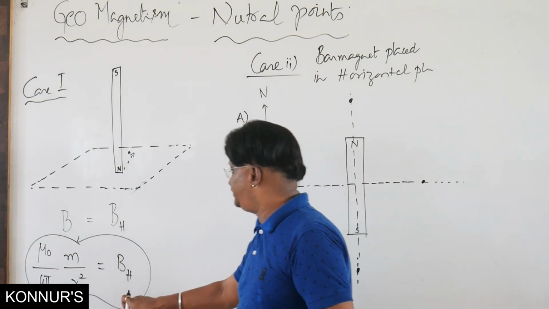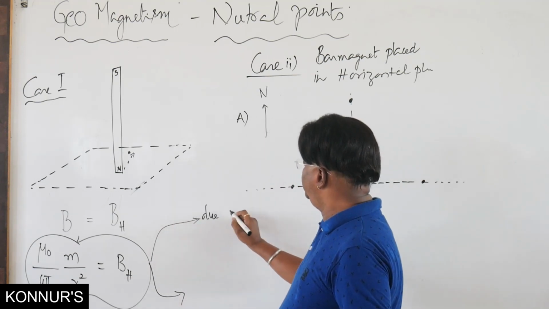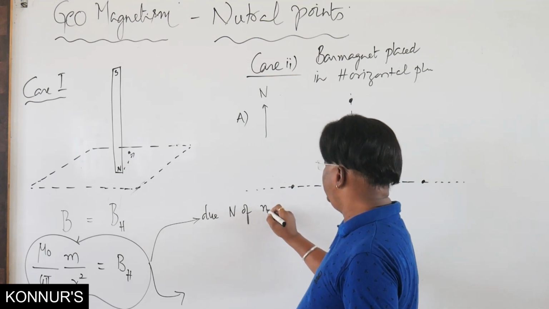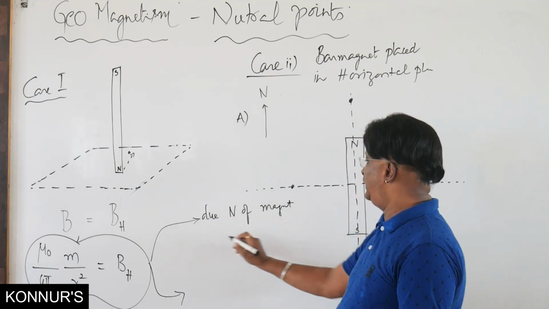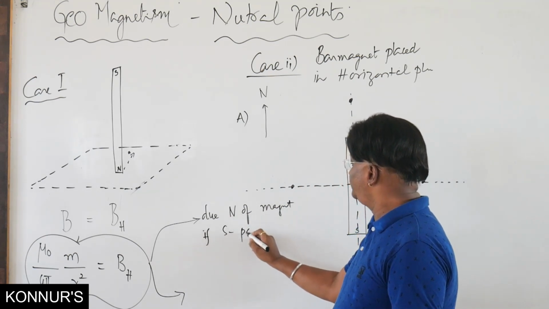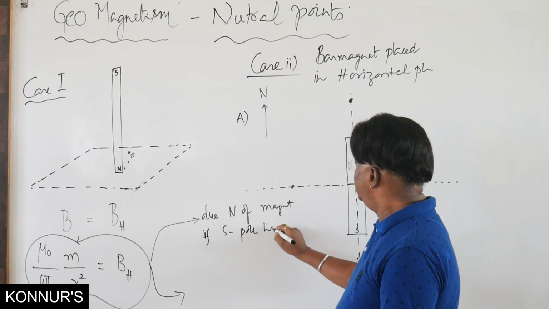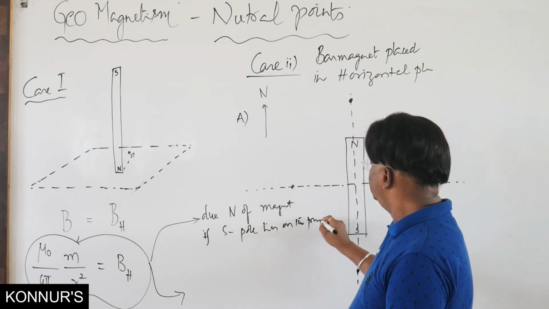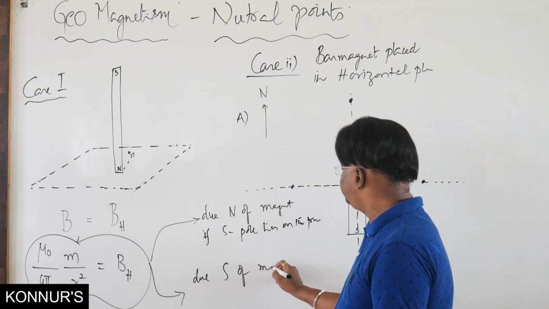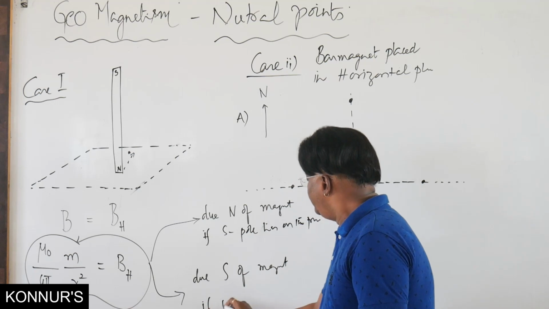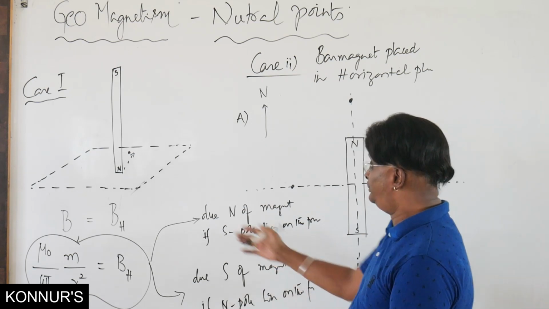Therefore, there are two possibilities. It is due north of the magnet, where north refers to geographic north, if the south pole lies on the plane, and it will be located due south of the magnet if the north pole of the long magnet lies on the horizontal plane.